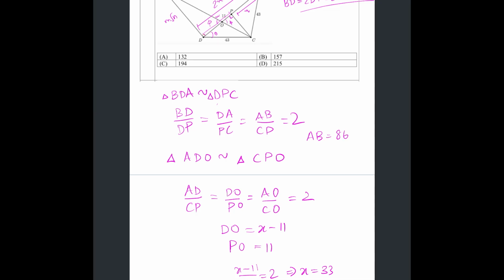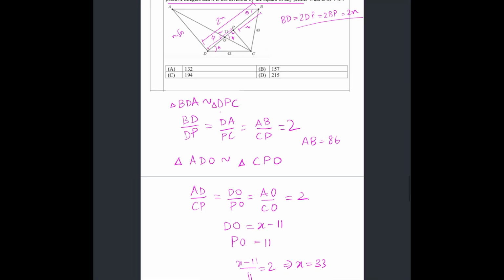And similarly, we just found x, which is DP. We can also find 2 times DP, which is BD. BD equals 2 times DP, 2x, which is 66.